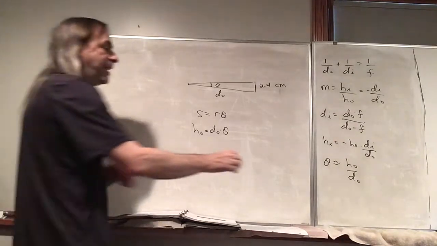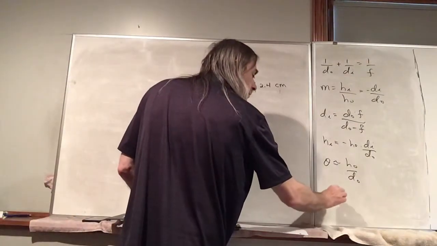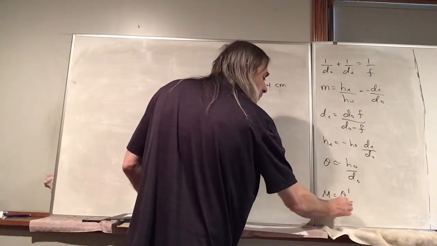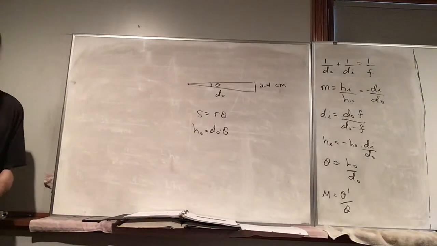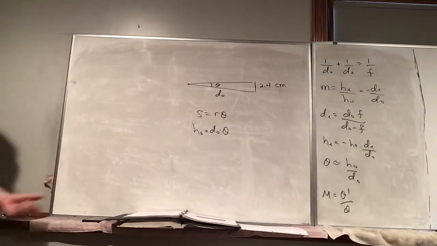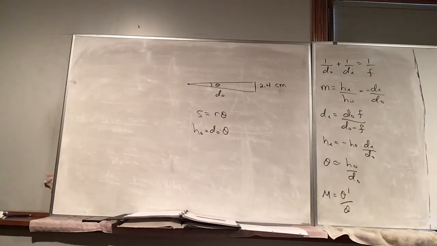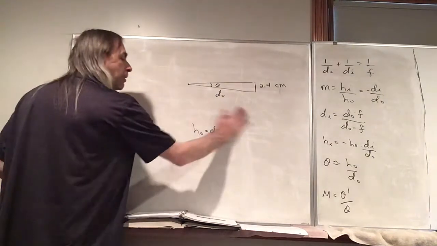Now the magnification: we say theta prime is the angle that would be subtended after looking through a lens or a combination of lenses.